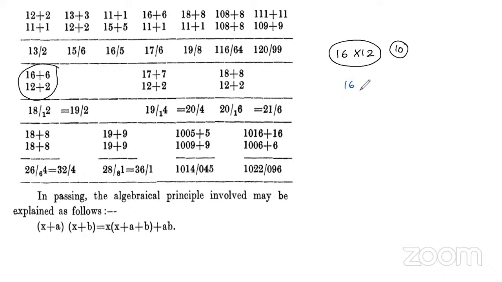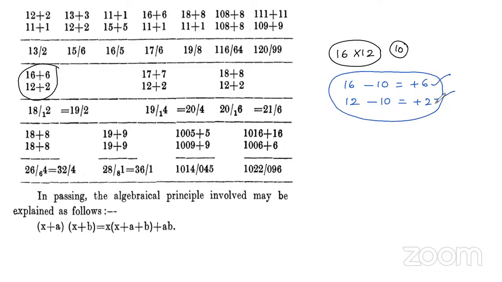So here 16 minus 10 will be plus 6 and 12 minus 10 will be plus 2. So in this case the deviations are positive. And simply we multiply 6 into 2. Let me write: 16 deviation plus 6 and 12 deviation plus 2. The answer is divided into two parts.